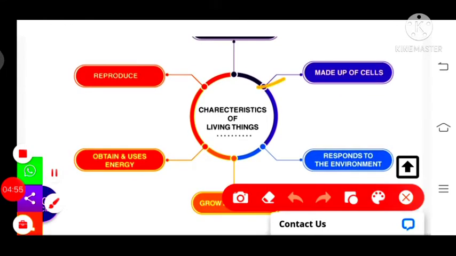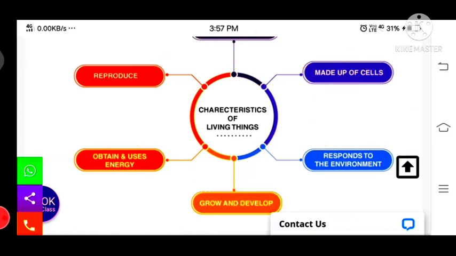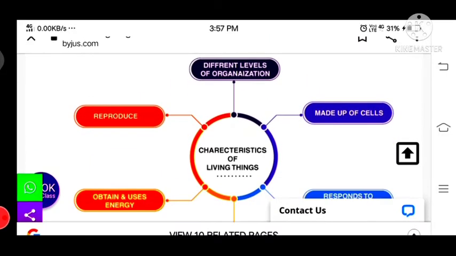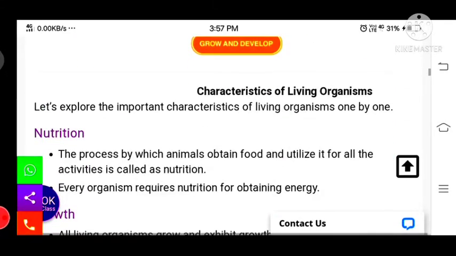Living things are made up of cells. They respond to the environment, they grow and develop, obtain and use energy, they reproduce, and have different levels of organization. So these are some characteristics of living beings.